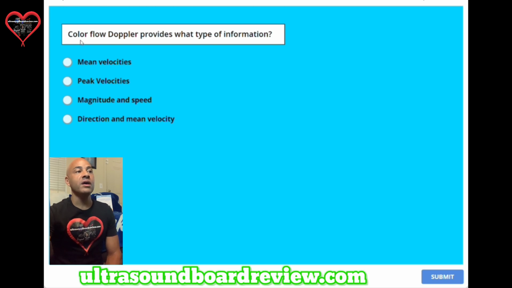Bonus question number 4. Color flow Doppler provides what type of information? A, mean velocities, B, peak velocities, C, magnitude and speed, or D, direction and mean velocity.